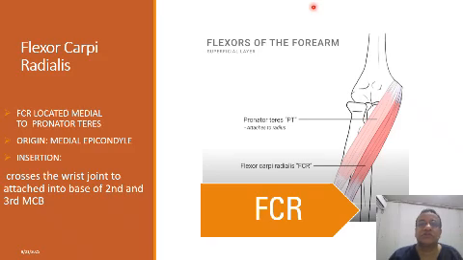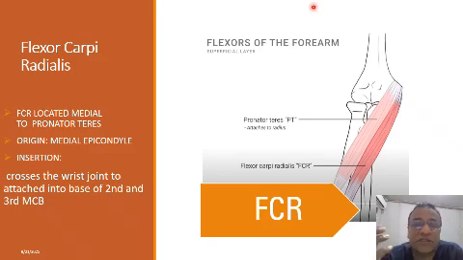It crosses the wrist joint and inserts into the bases of the second and third metacarpal bones. The name of the muscle, flexor carpi radialis, itself gives us a clue of its function, which is flexion. It is a flexion engaging the carpal bones. That's why it's flexor carpi.